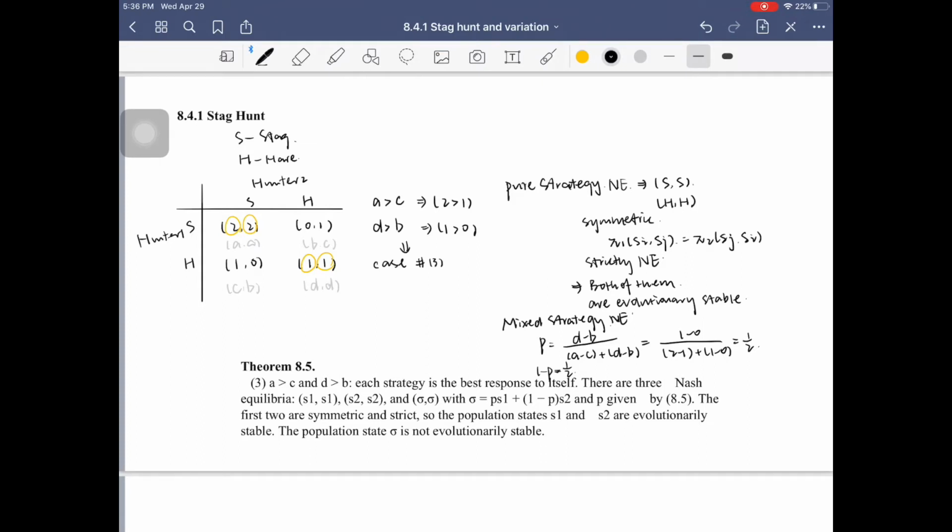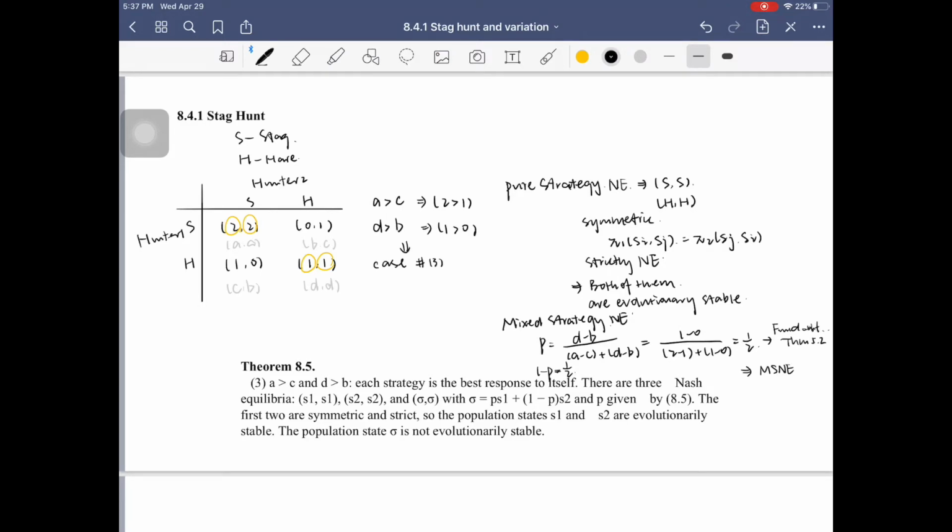And because both strategies are active, we can find by the fundamental theorem 5.2, Theorem 5.2, we can say that this one is also the mixed strategy Nash equilibrium.